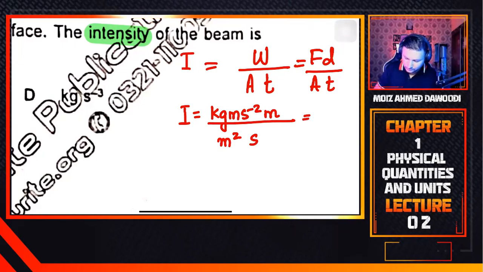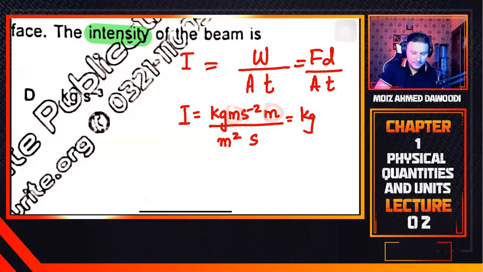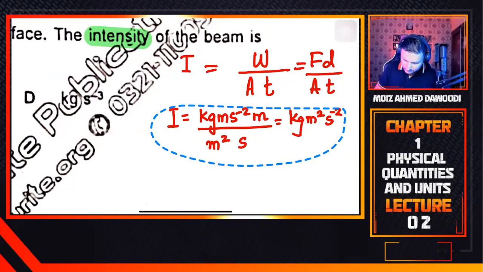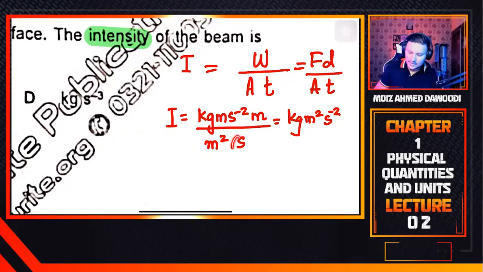So, kg, meter into meter, over meter square, s^-2. And when this s comes up, it becomes -1, upon meter square.